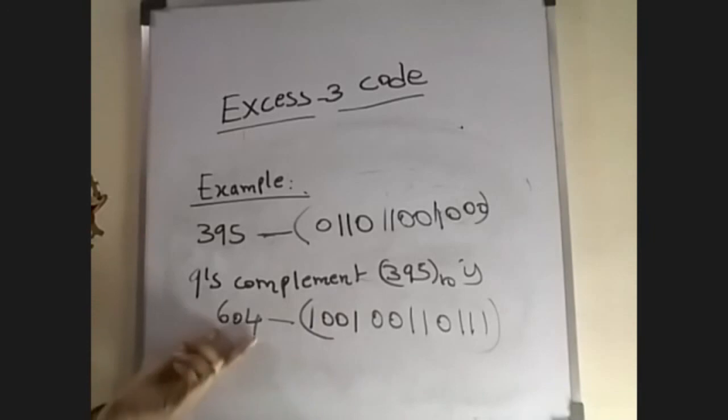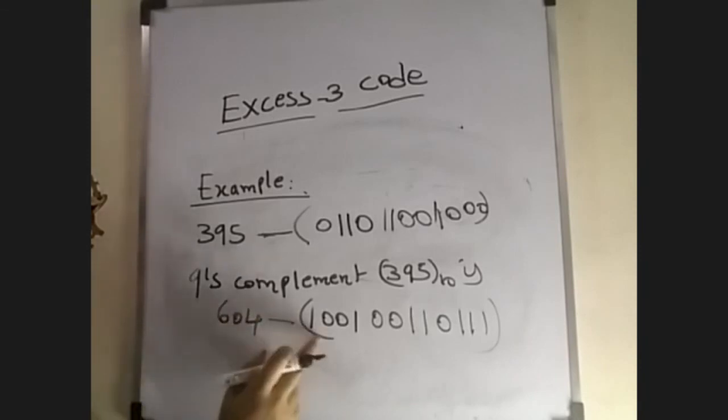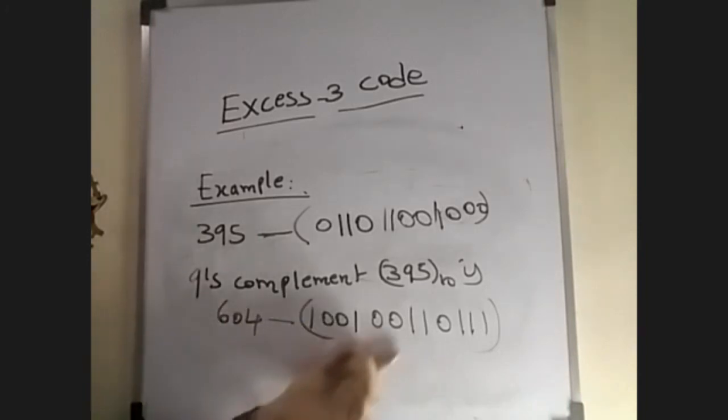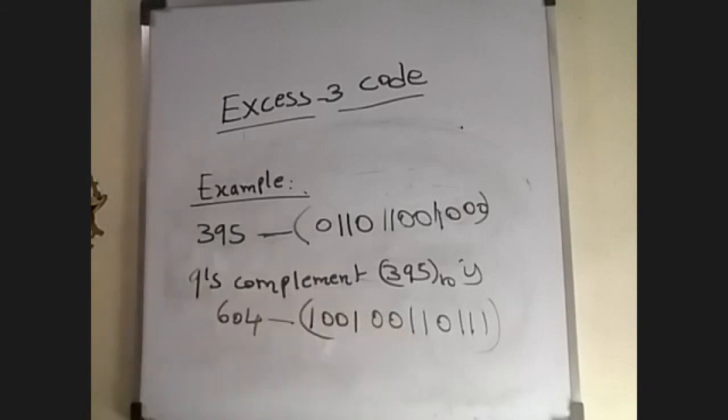You will get the 604 value in XS3. Observe the 604 value in XS3 code: 6 is 1001, 0 is 0011, 4 is 0111. Simply interchange zeros to ones and ones to zeros, and you get the 604 value in XS3 code representation. Is it clear? That is the self-complementing code.